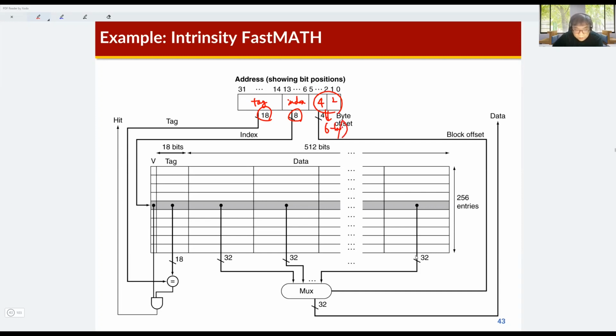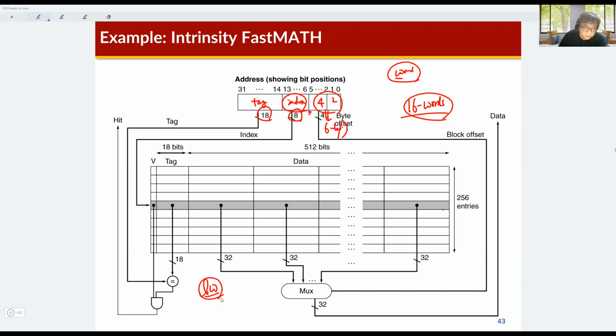So how can you handle this cache? This cache is accessed by the index field, and this block includes 16 words. Let us assume that this processor just accesses word-sized data.